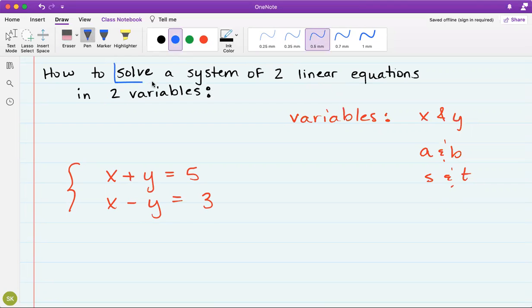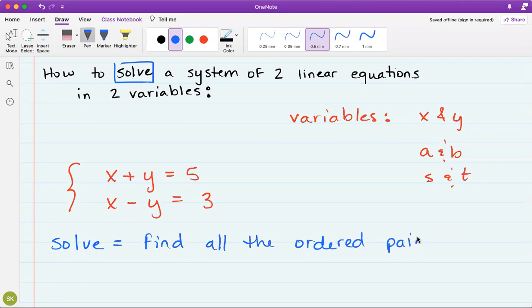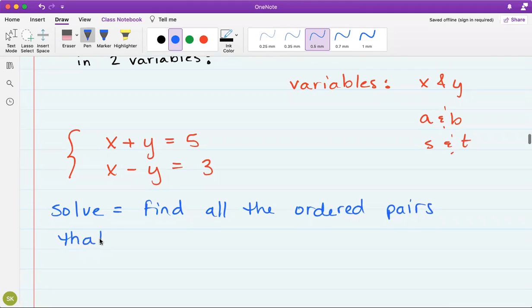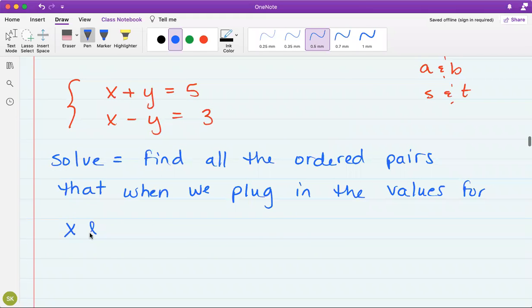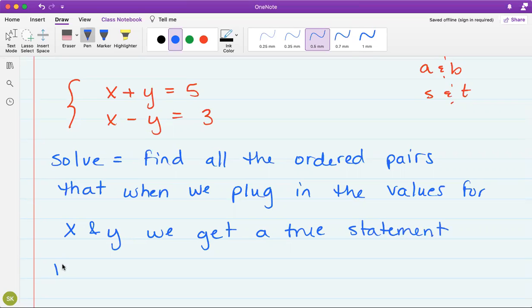So to solve a system, that means find all the ordered pairs that when we plug in those values for x and y, we get a true statement for both equations.